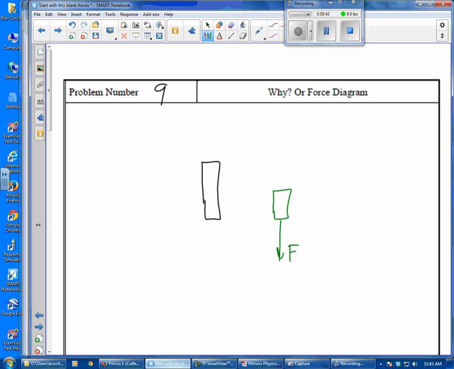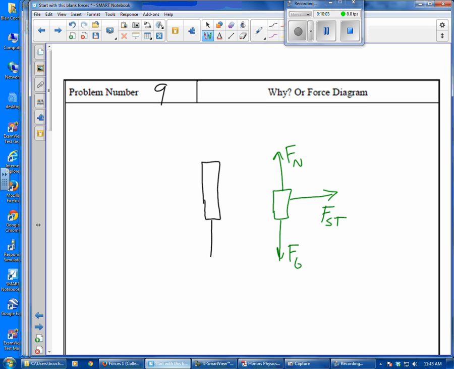There, of course, is going to be the weight on Tom's sister. There'll be a normal force on Tom's sister. And then there's a force on the sister due to Tom. So we label it as force ST, force on sister due to Tom.